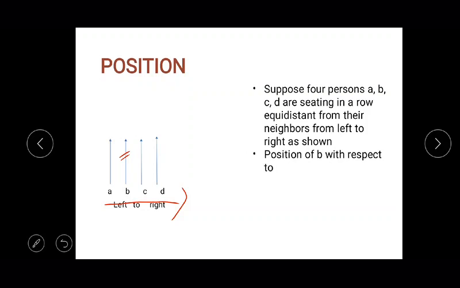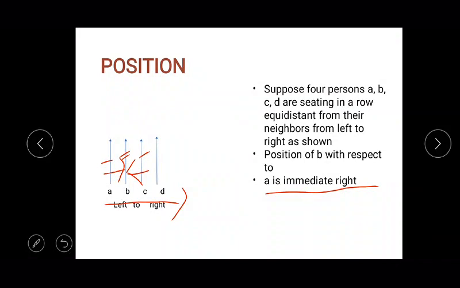Now if we take A to be the reference point, the position of B will be to the immediate right of A. Okay, position of B with respect to A is the immediate right, while the position of B with respect to C will be to the immediate left.